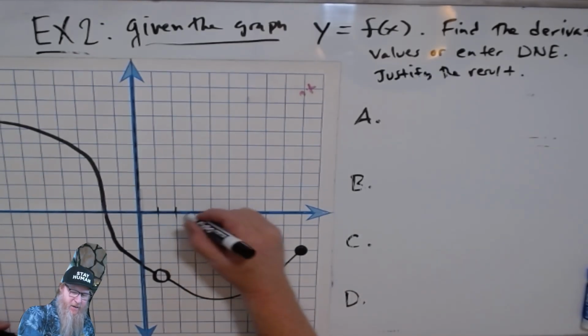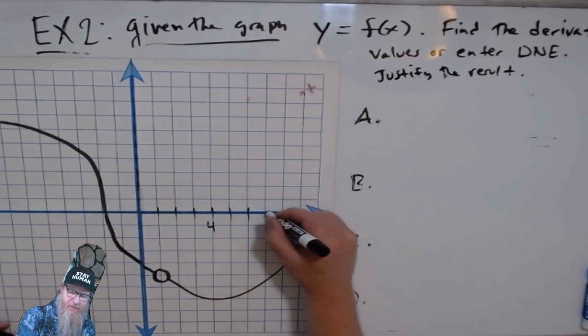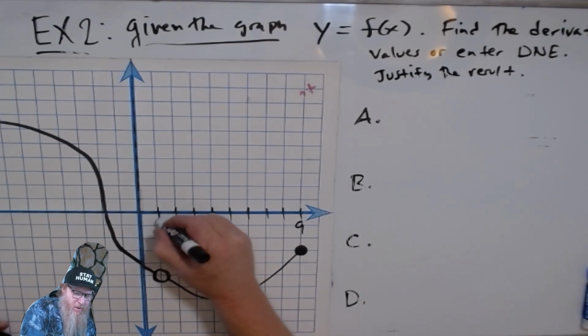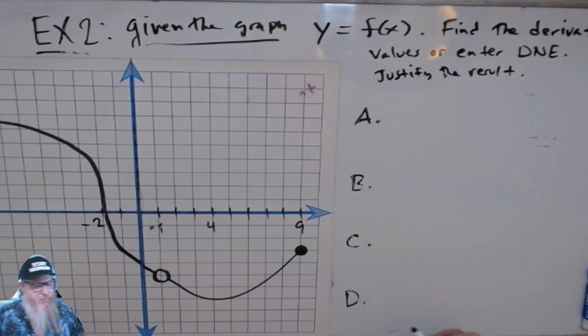So let's mark this off. 2, 3, 4, 5, 6, 7, 8, 9. 1, -2.